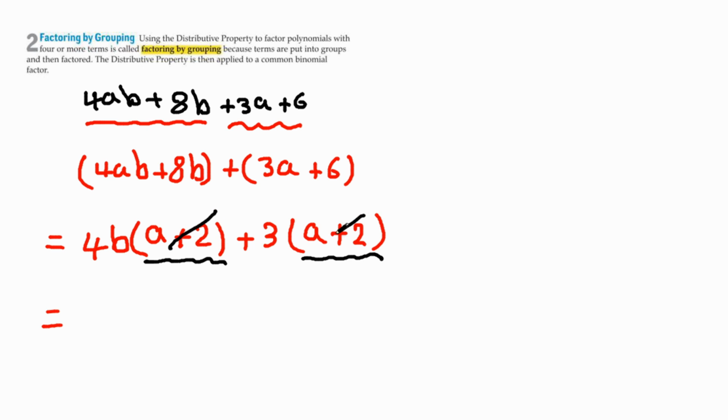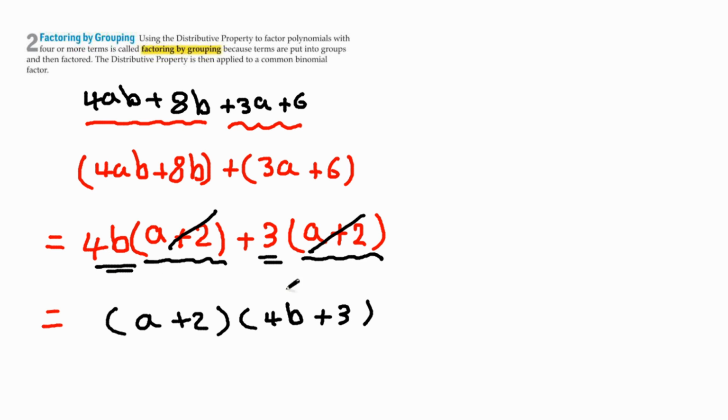So the greatest common factor now, a plus 2, we will take it and write it one time. When we take this, as we always do, we write the remaining factor between brackets. So we get now 4b plus 3. 4b plus 3 are the remaining factors.